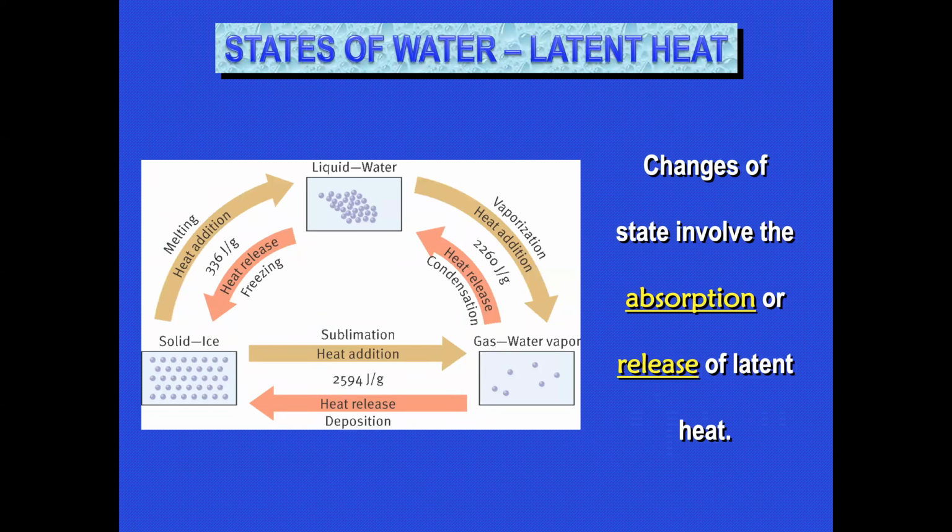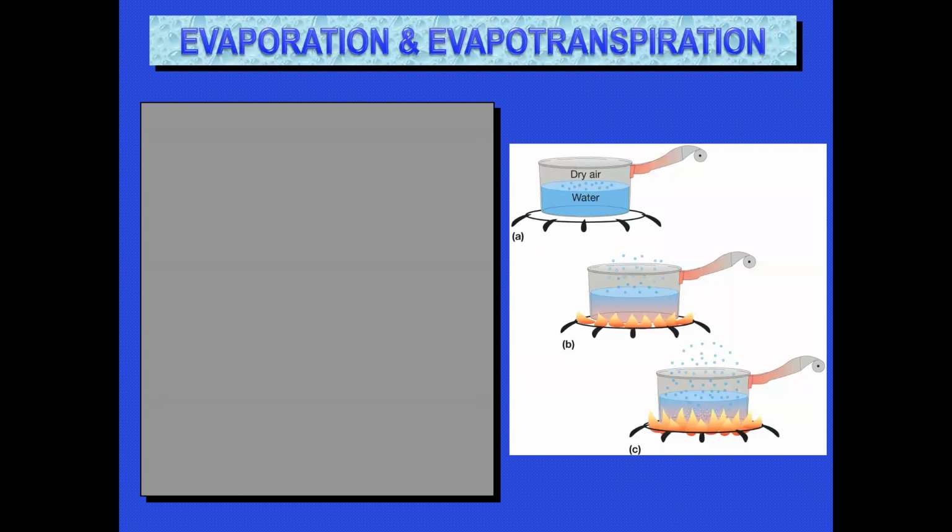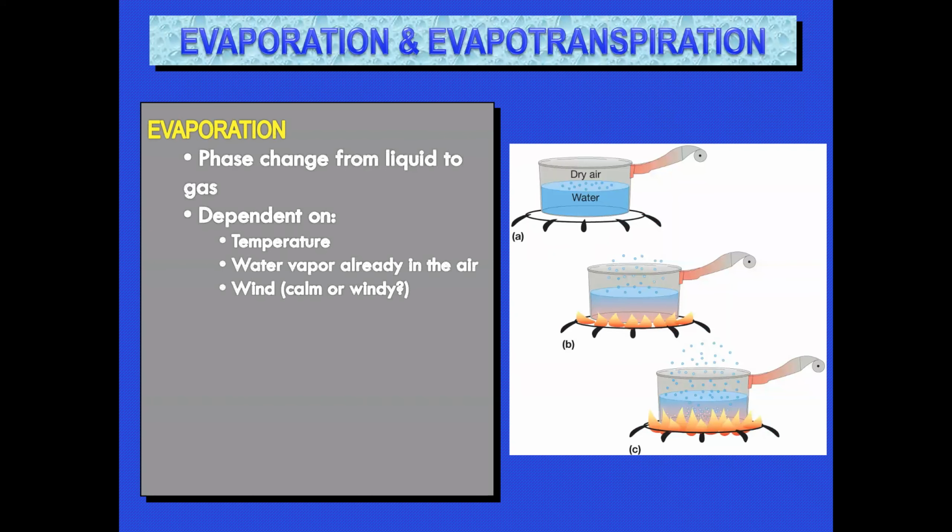Remember this definition, the idea of latent heat: the changes of state that involve either the absorption or the release of latent heat. Latent heat, think of it as potential heat. Okay? We talked about evaporation. You'll know what evaporation actually is, but evaporation tends to be a cooling process. Take a hot shower in winter and come out of the shower and you feel immediately cold.